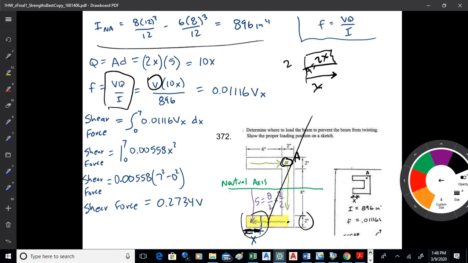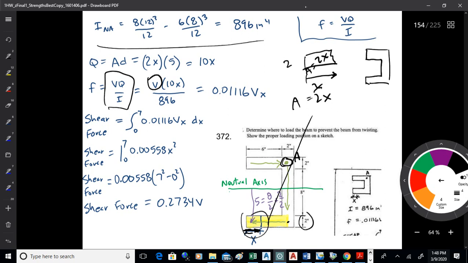Now the distance, so that's what A is. So A is 2 times x. Now the distance is just the distance from the neutral axis down to the centroid. Now, see, the centroidal location doesn't matter what x is. The centroidal location is at the middle height of that flange. So there will be one distance there. And what that distance is half of 8, which is 4, plus half of 2, which is 1.